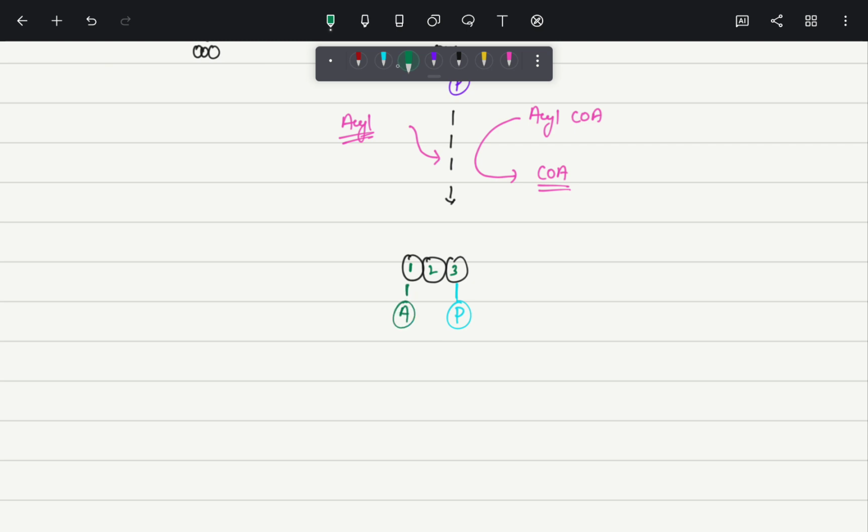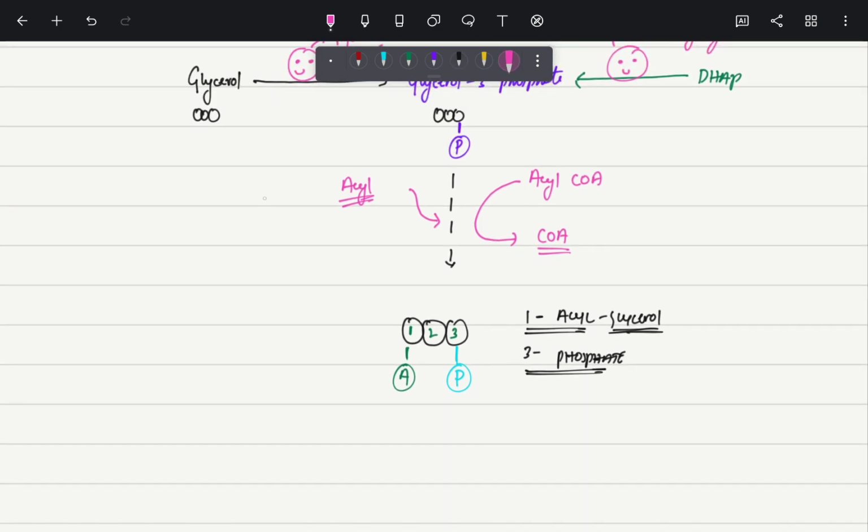The newly formed compound is named 1-acylglycerol 3-phosphate, because on the glycerol there is one acyl group transferred, and on the third carbon we have the phosphate.